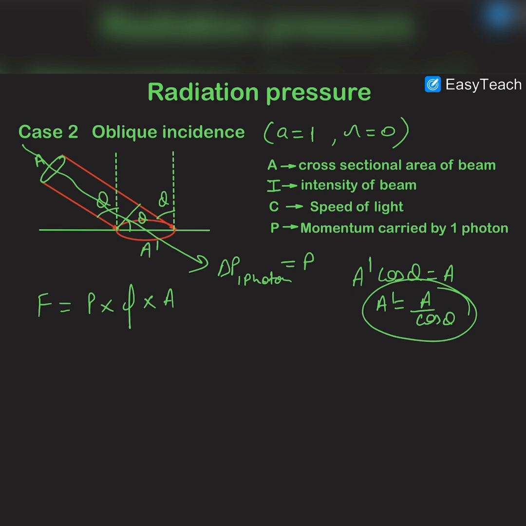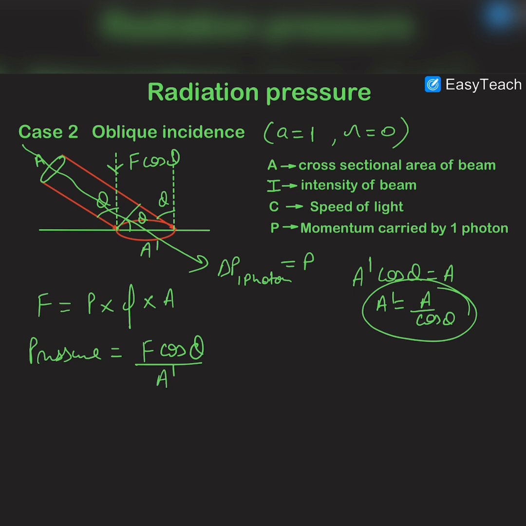But we know that the pressure is due to the perpendicular force, and the formula of pressure is F perpendicular upon area. So pressure would be F cos theta, which is the component of this F perpendicular to the surface, upon the area of the surface, which is A dash.